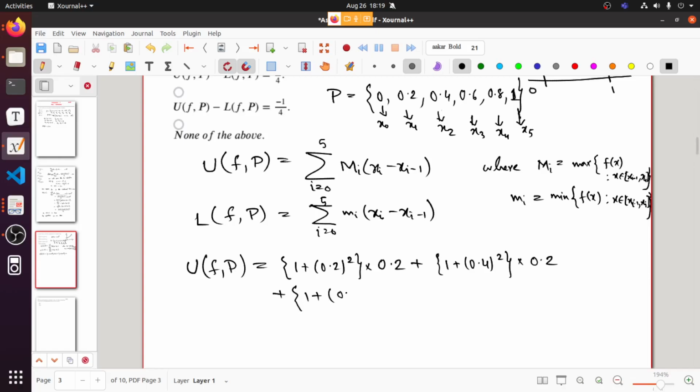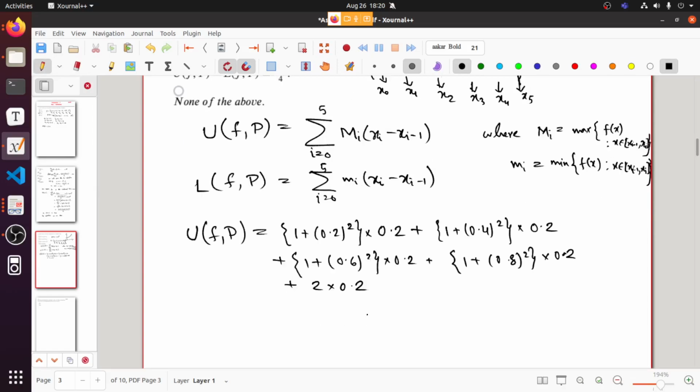For the next interval it will be 1 plus 0.6 whole square into 0.2 plus 1 plus 0.8 whole square into 0.2, and at last it will be 1 plus 1, which is 2, into 0.2. So this is the UFP.